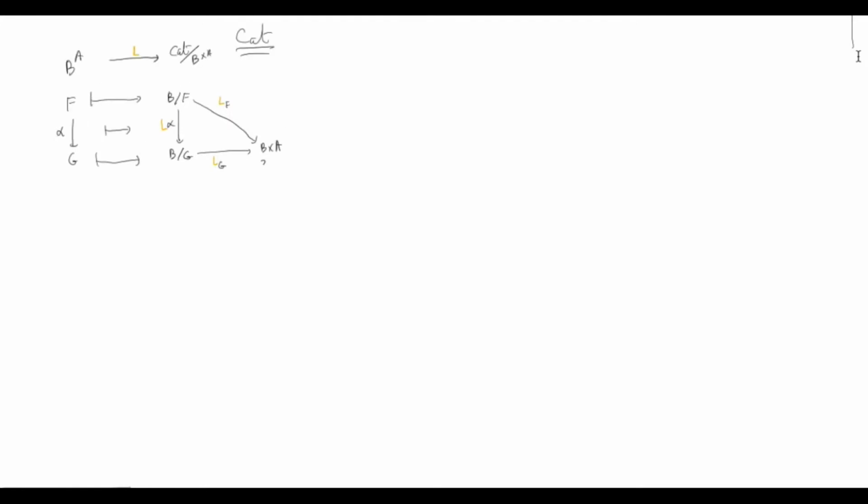So it means we have a functor from the category B exponent A, the category of functors from A to B, to Cat over B cross A. And it's functorial because the composition of natural transformations is defined by post-composition, and our L alpha, L beta is also defined by post-composition. So we have these equations which are necessary for L to be a functor.